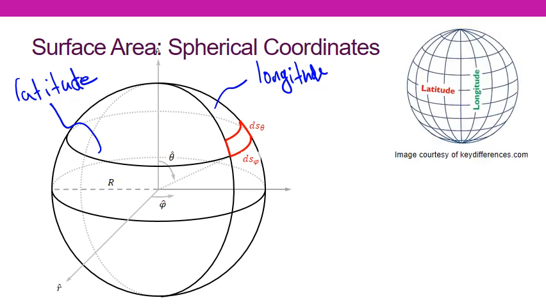Remember, if we think of lines of longitude, they run from the top of my circle all the way down to the bottom, and they are making one giant circle. So this side is at a constant radius that is the same as the radius of the circle.